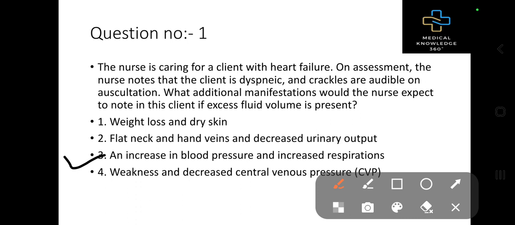That means when the fluid intake or fluid retention exceeds the fluid needs in the body, then overhydration or fluid overload occurs. So an increase in blood pressure and increased respiration are the additional manifestations which a nurse would expect to note in this client.